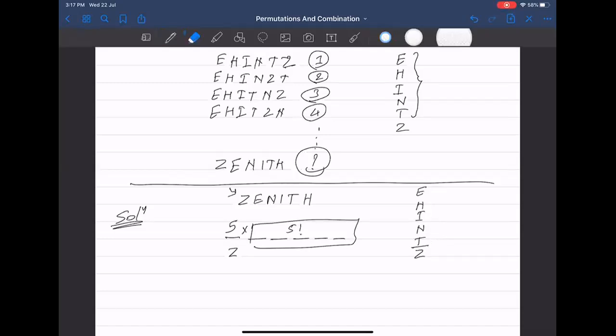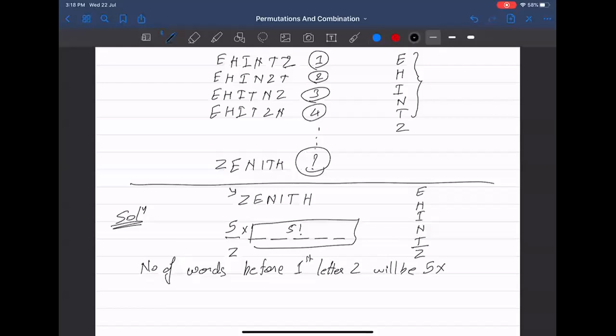So basically the number of words before the first letter Z, before letter Z, will be 5 times 5 factorial.